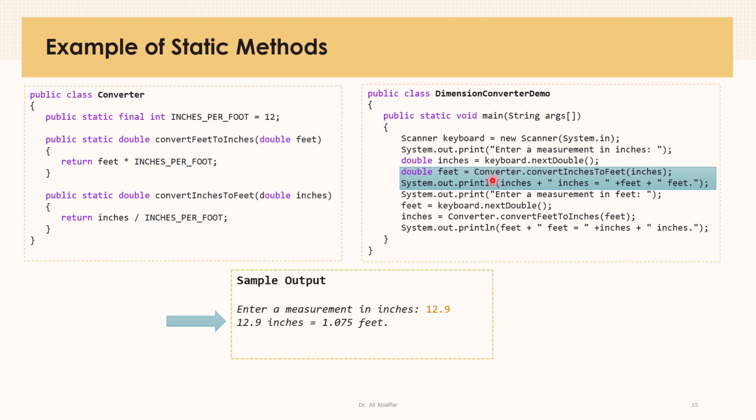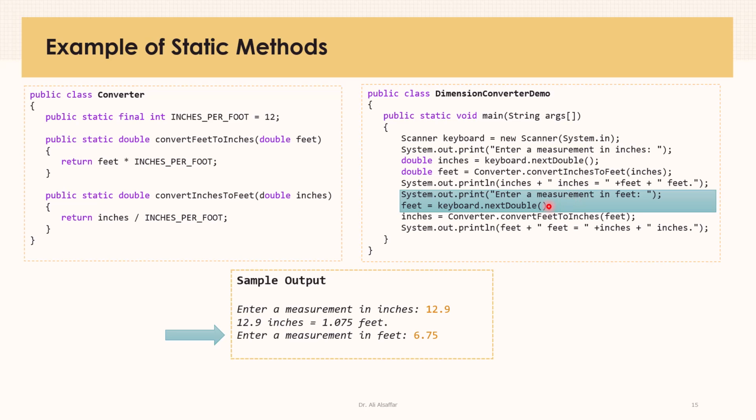See, we did not create any object. We simply use the name of the class Converter, and we use dot, and we access the method directly because it is static. As you remember, when we say static, it means that the method is always there, regardless of whether you create an object from this class or not. It converts the value entered by the user, 12.9, and the result is displayed on the screen.